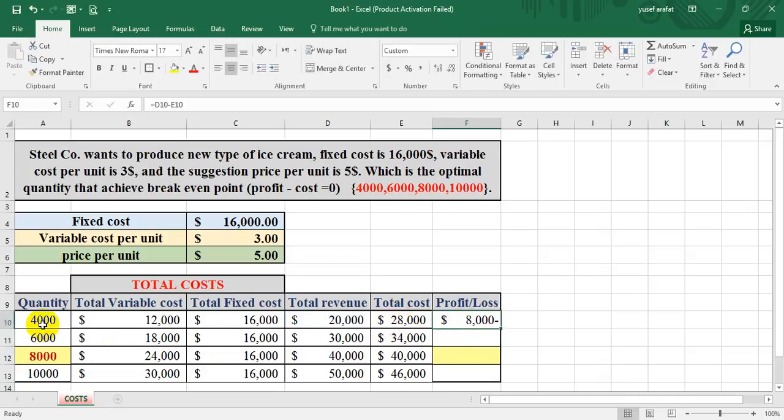When its quantity is 4,000 units, the company will have an $8,000 loss. Pull down. When it has 6,000 units, it will have a 4,000 loss, and the break-even point is when the quantity is 8,000.